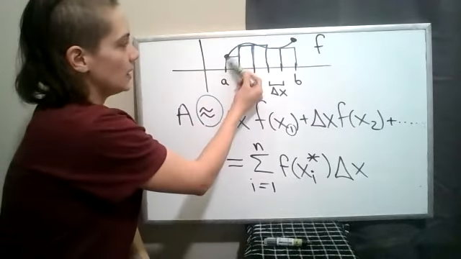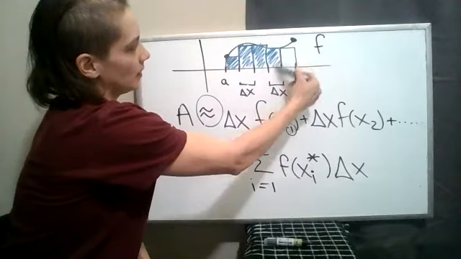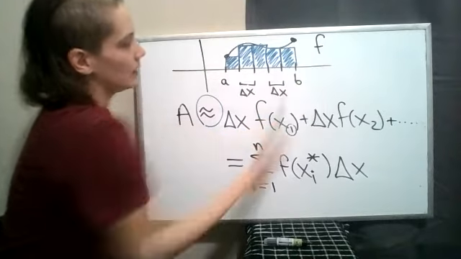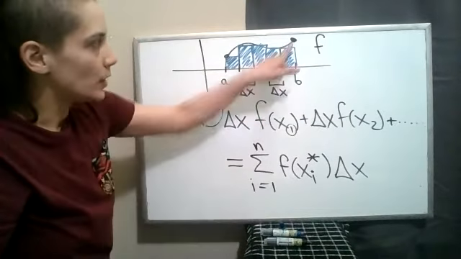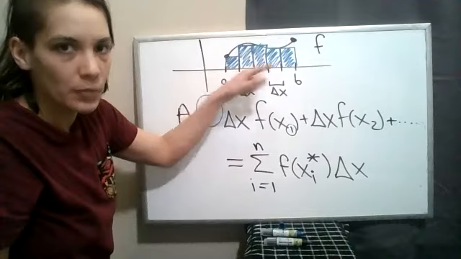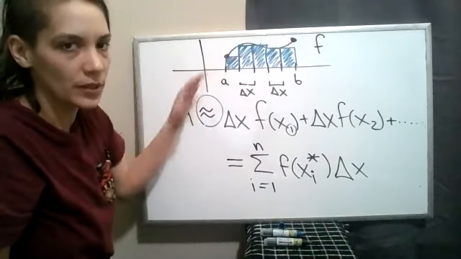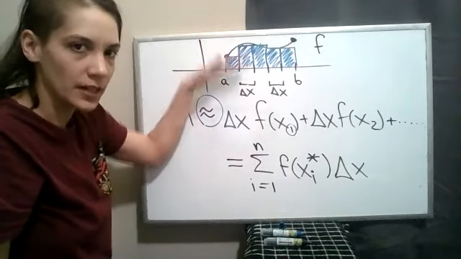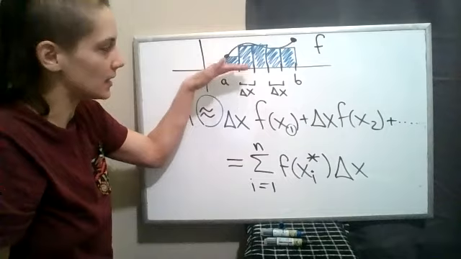Because we're going to add this rectangle's area to this one, to this one, and that one, and that one. Which is missing just a tiny bit of area, but it's mostly going to represent the area that's under the curve and reaching the x-axis.